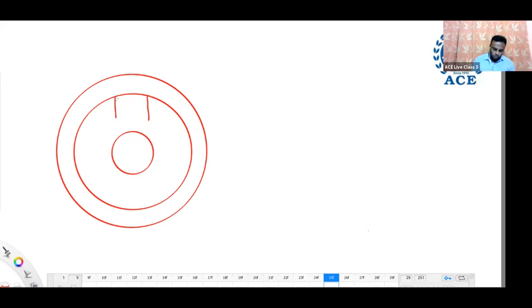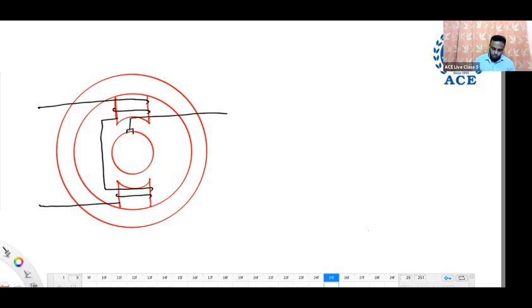So, 2 pole. First we will take one reference diagram. Here voltage builds up. Initially a rated voltage of 220 is given. For that I am taking one direction, clockwise.